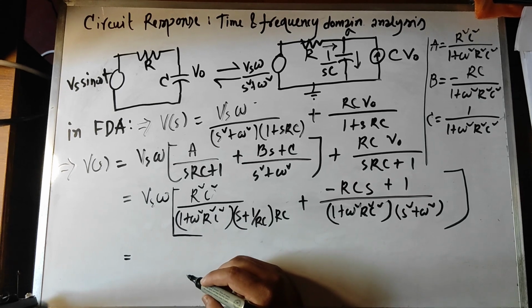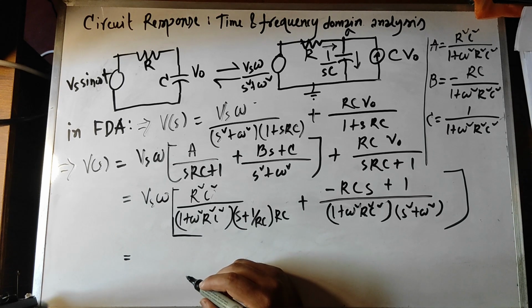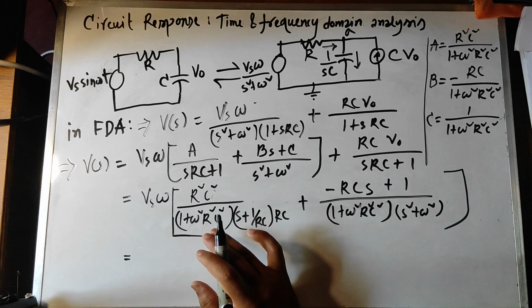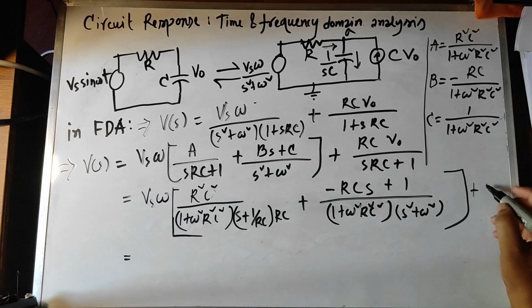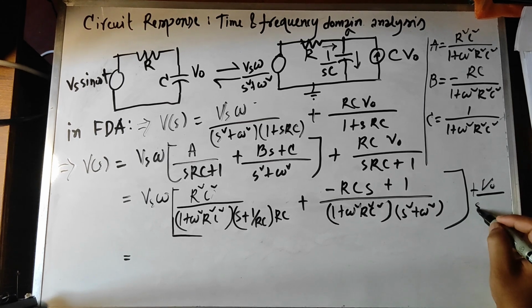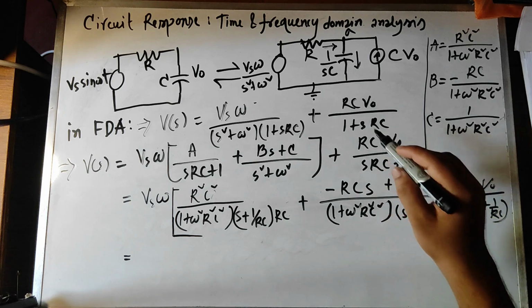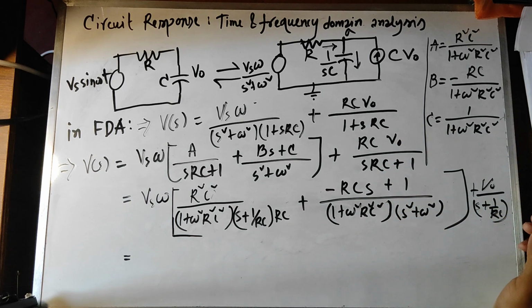Now what we're gonna do is take the common term out. So in both, we have forgotten the vo, see here, vo is s plus 1 by rc. So if we take the common rc out, it will cut out the rc on the numerator. So the result will be this.